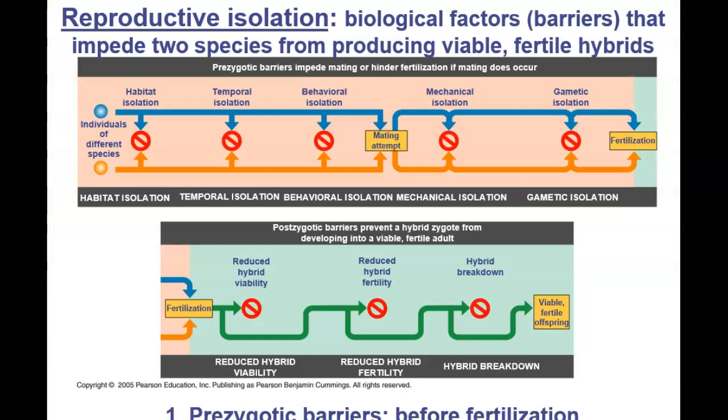So if you look at this slide, you can see reproductive isolation. Up here are the prezygotic barriers, and down here are the postzygotic barriers. I highly encourage you to read chapter 24 in the book. It does an excellent job talking about speciation and really explaining these types of isolation. To give you an introductory idea of how these types of isolation work, we're going to go over the next couple of slides.